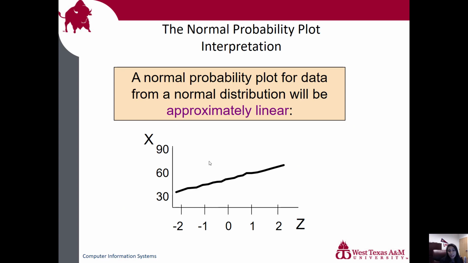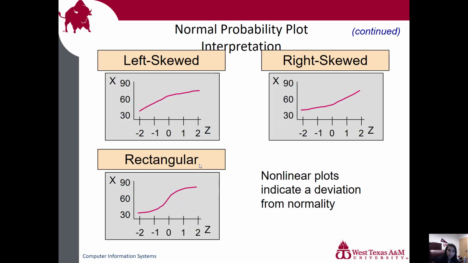So here's an example of that normal probability plot. It is approximately linear and it's also positive. Nonlinear plots, we can also make assumptions. So if it kind of has a curve upward, it's going to be a left skewed distribution.